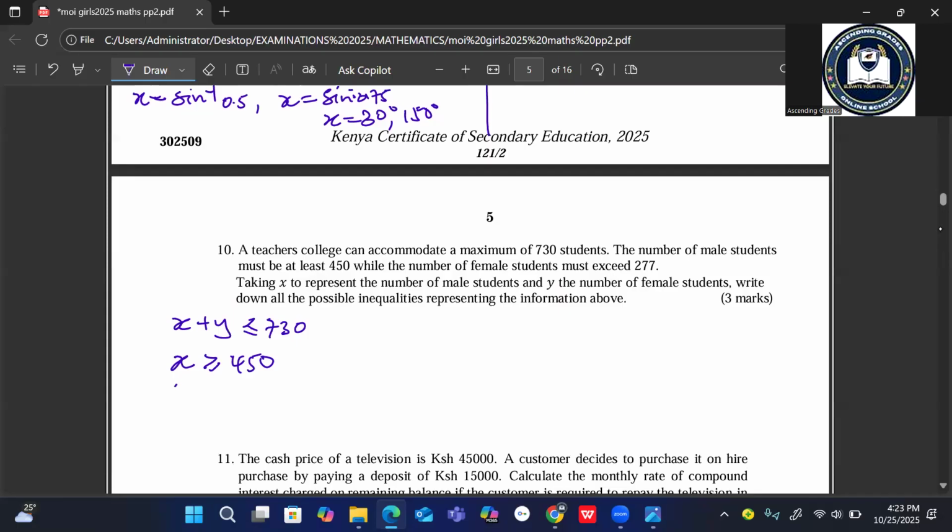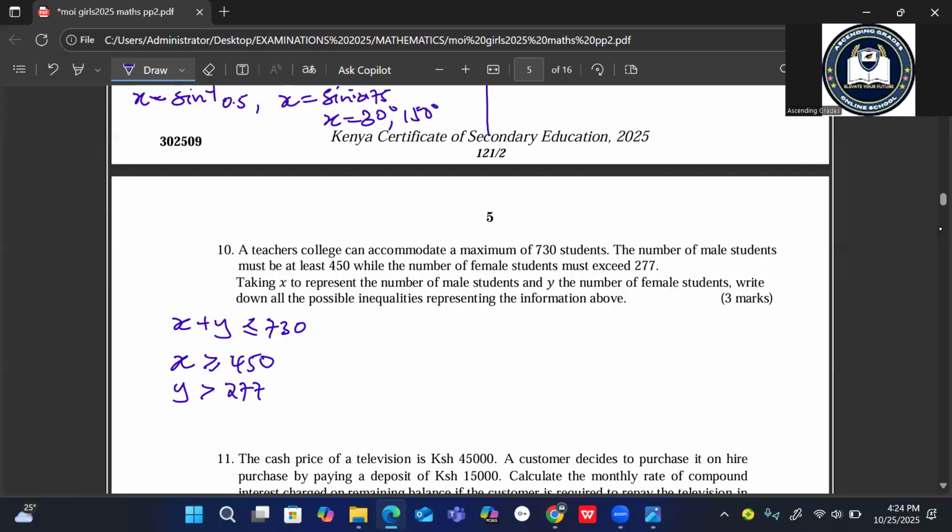So y must exceed, that means it must be greater than 277. So those are the 3 inequalities that represent the above information. And with that, get your 3 marks.